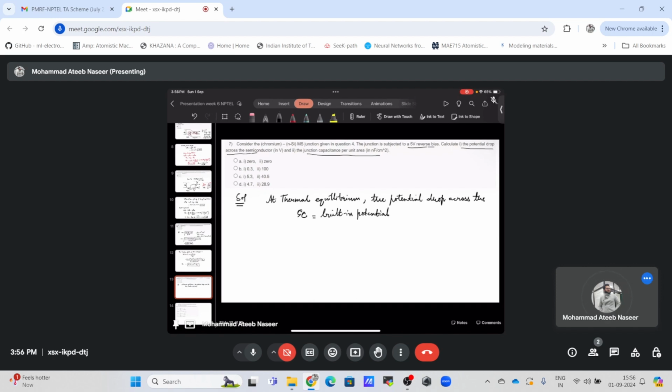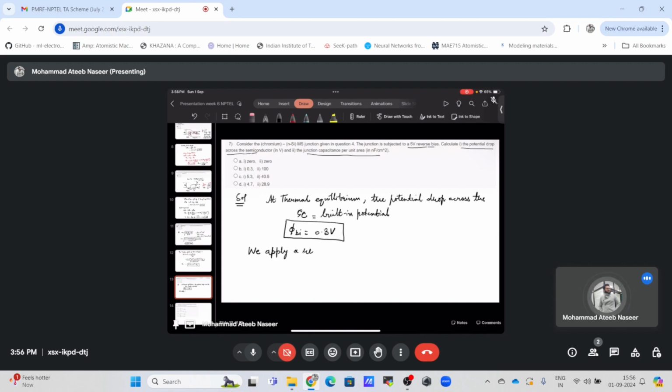Built-in potential is phi bi, and it is equal to 0.3 volts for the thermal equilibrium case.